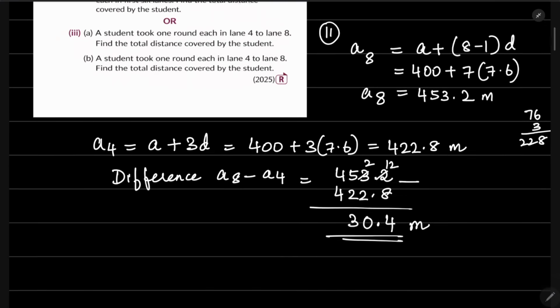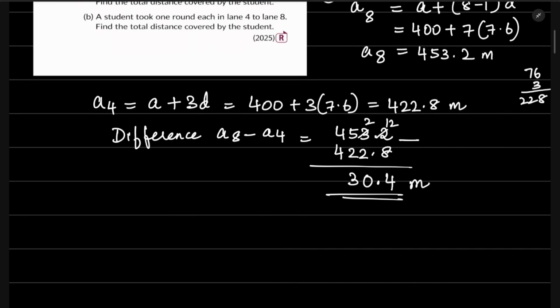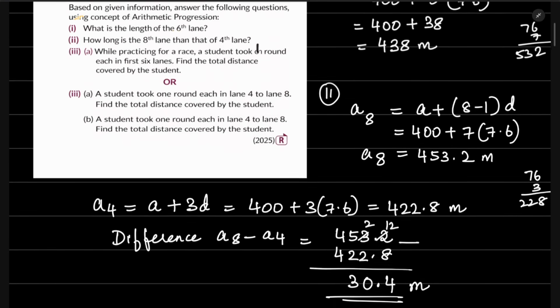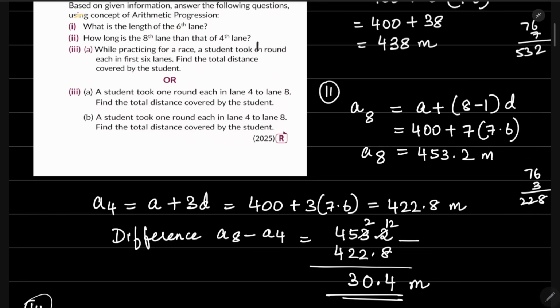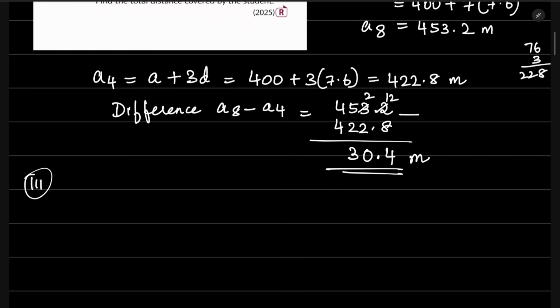So very easy. For the total distance covered, you'll have to just find the sum. So the total distance covered by the student in the first 6 lanes is given by S6. What is the formula? It is n by 2 multiplied by 2a plus n minus 1 into d.